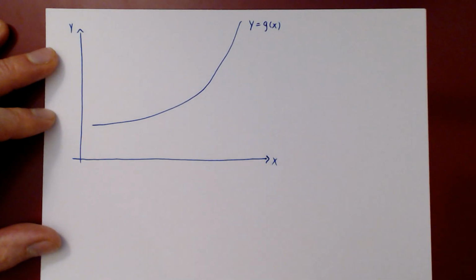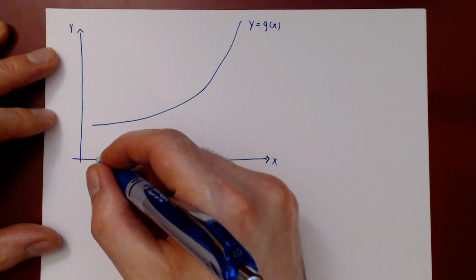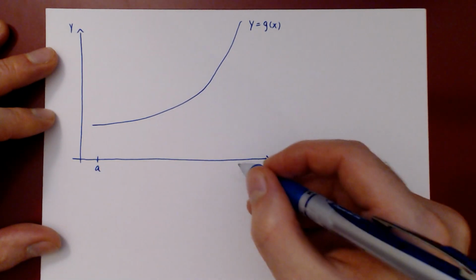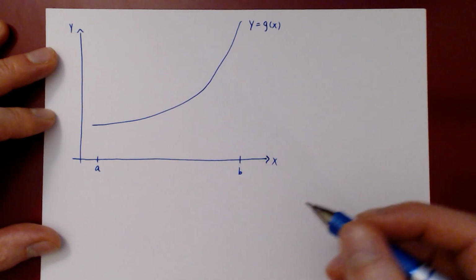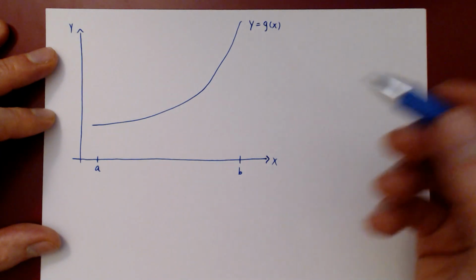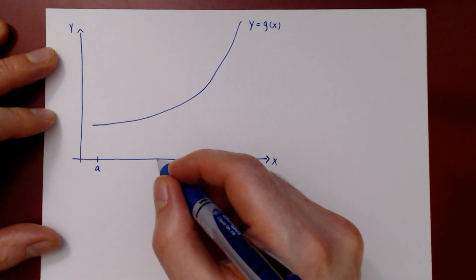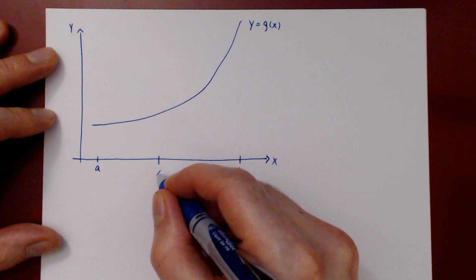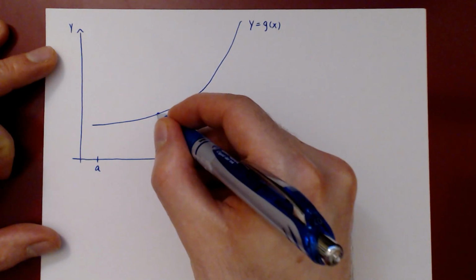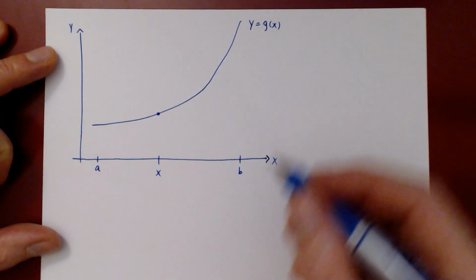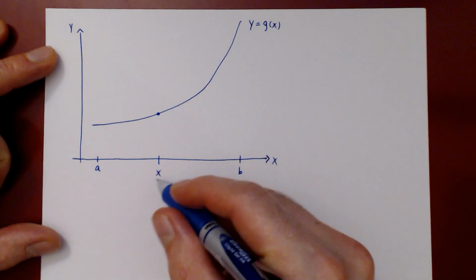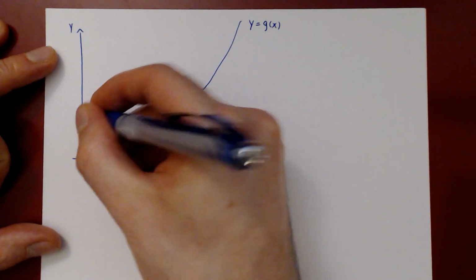And that we only consider this function on a fixed interval from x equals a to x equals b. And that inside of this interval we take an arbitrary value for x, and we consider the function at that point. So the y value, of course, is g at x, so g of x.